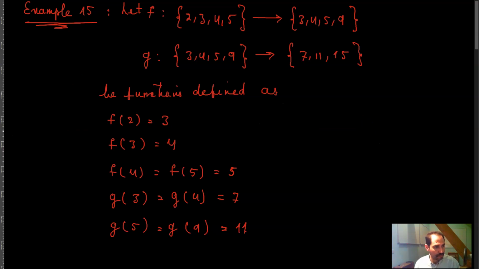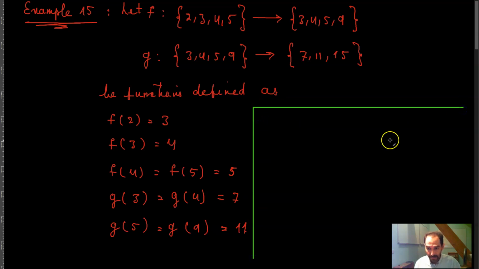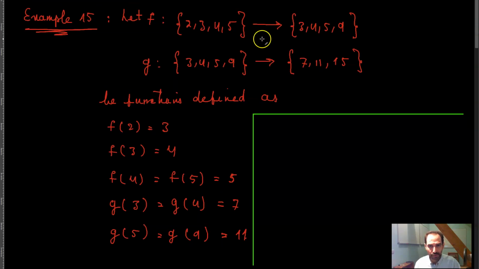So what you want to do basically in such a situation, you know that f of 2 is equal to 3 and f of 3 is equal to 4, and f of 4 and 5 are 5, right?